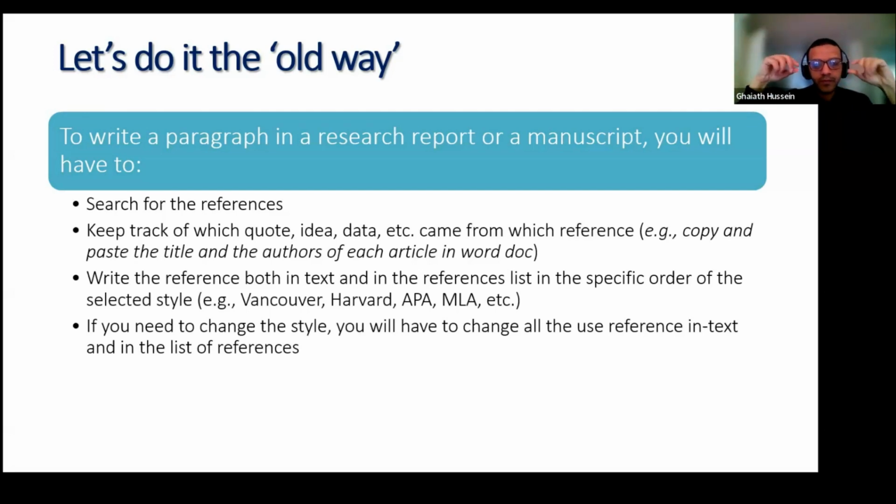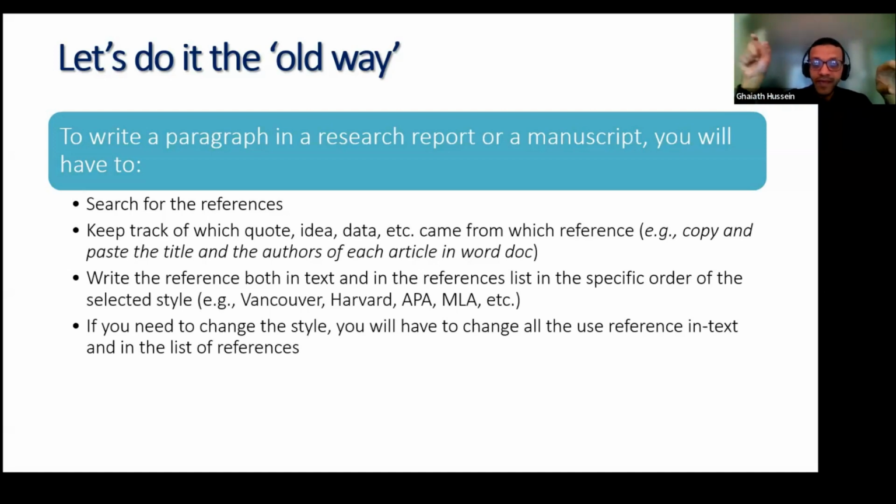And obviously, when we talk about references in any document, there are 2 places. The so-called in-text, which means that, for example, the WHO report on COVID-19 has shown that X% of the countries did not receive the first dose of COVID vaccine.